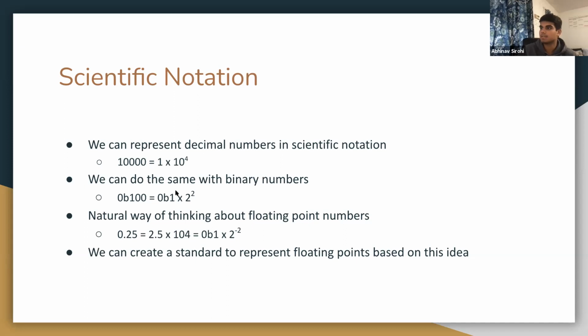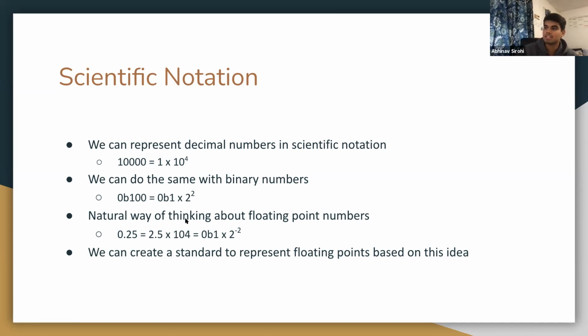We could do the same thing with binary numbers. So this binary number 100 becomes 1 times 2 to the 2, and the decimal point that was here gets shifted over here in front of the 1. So you could also write binary numbers in scientific notation with base 2 instead of base 10.